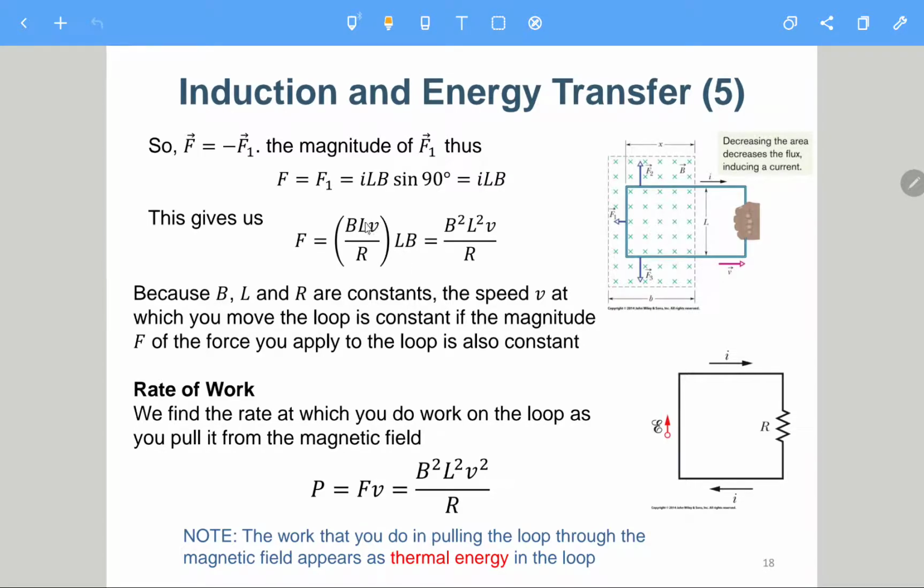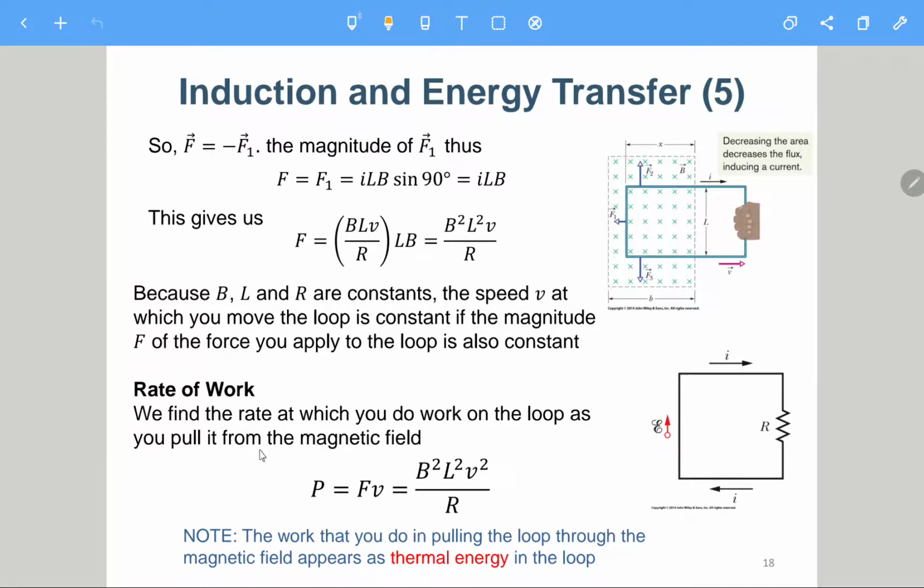So we have B square L square v over R. We just gather the terms, and this is the force.